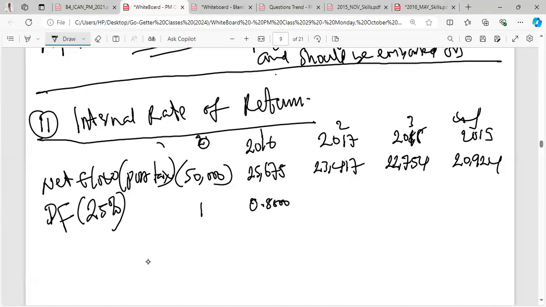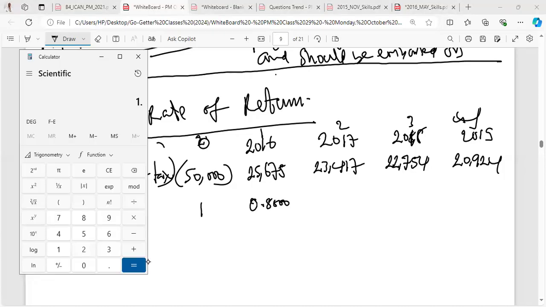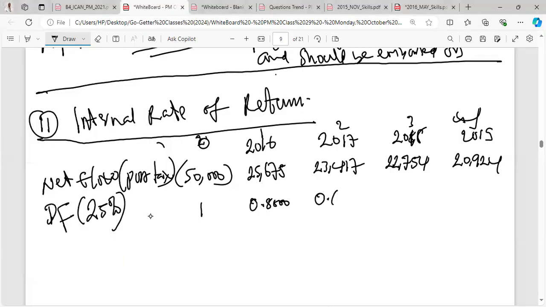Then 1.25 raised to power minus 2, 0.64, so this is 0.6400.